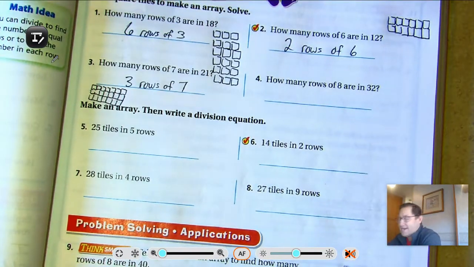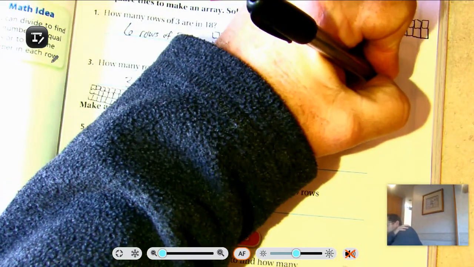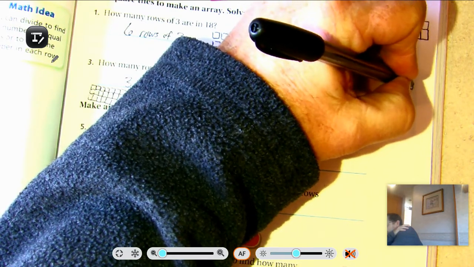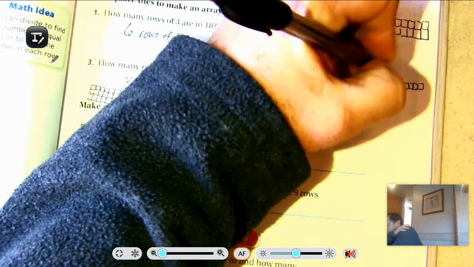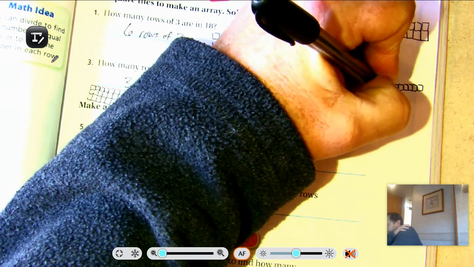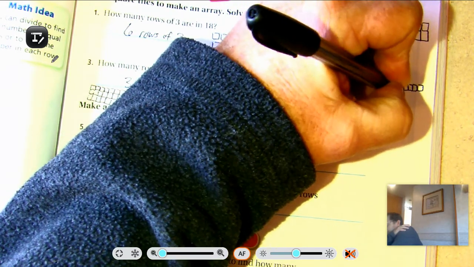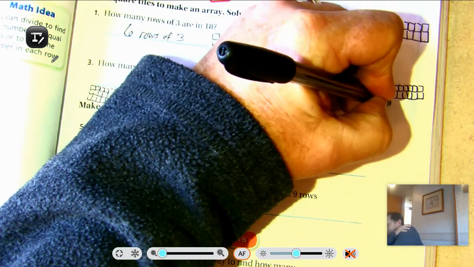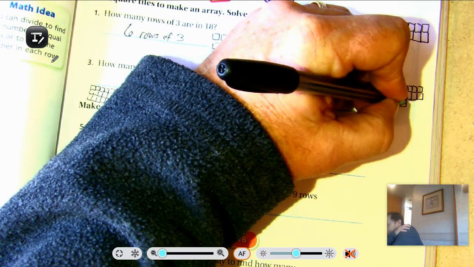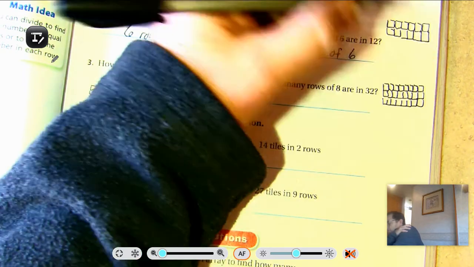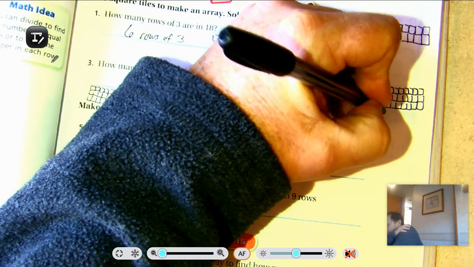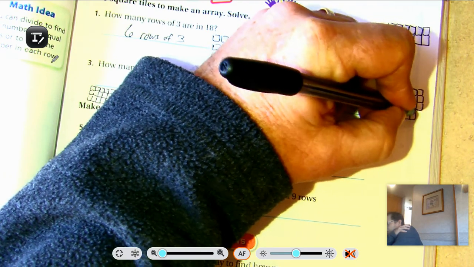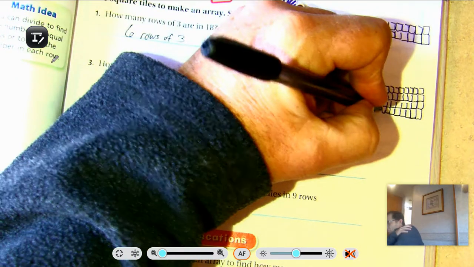How many rows of 8 are in 32? Eight, 16, 24, 25, 26, 27, 28, 29, 30, 31, 32. 4 rows of 8.